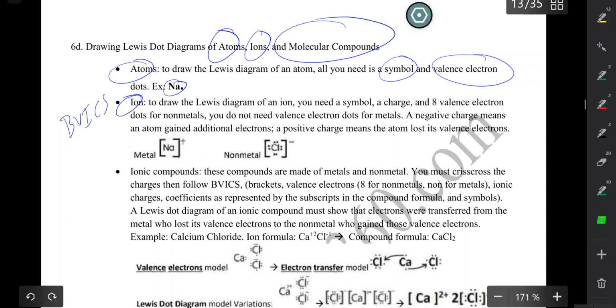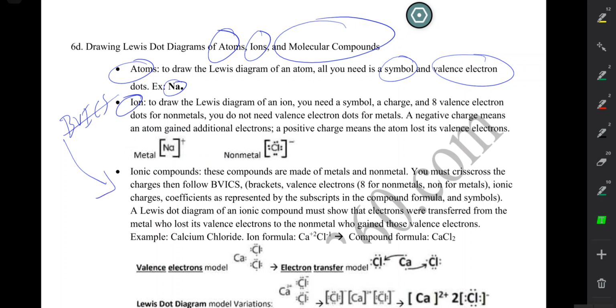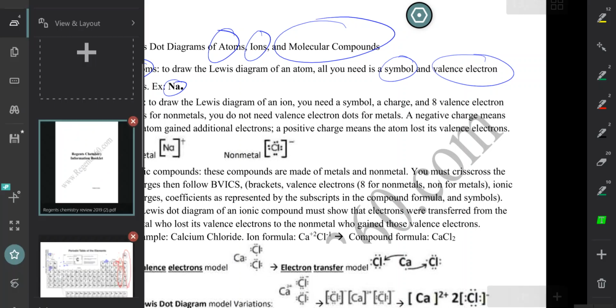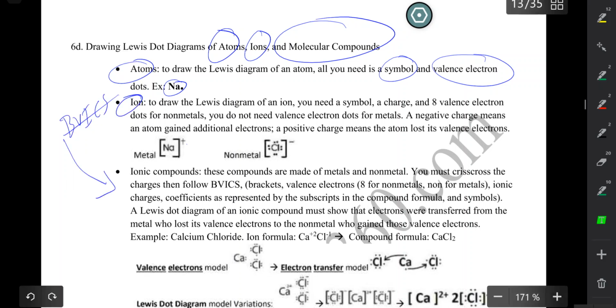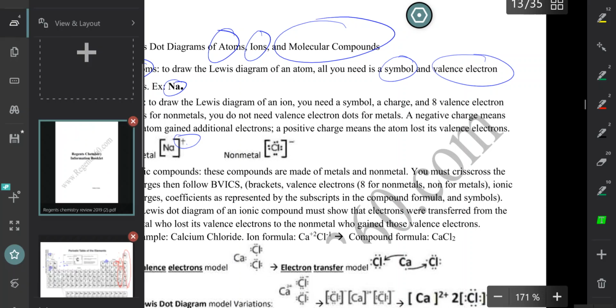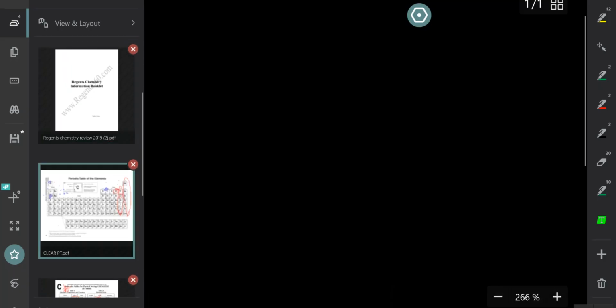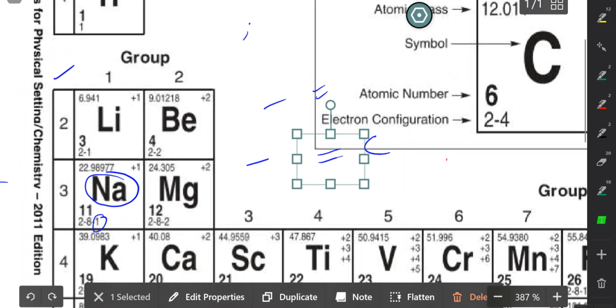BVICS is for ionic compounds. So if I ask you to draw the Lewis dot diagram of a metal ion, all you need is the symbol of that metal ion and the charge of that metal ion. So let's say sodium ion. The symbol of sodium is Na. The charge of sodium, according to the periodic table, is +1. Here it is. Periodic table, sodium has a charge of +1. Done.